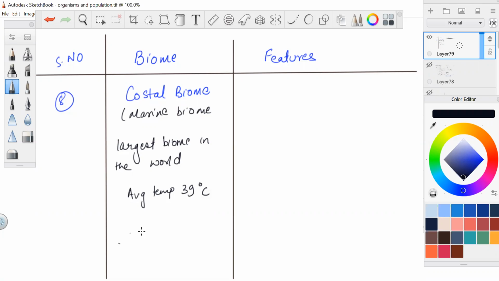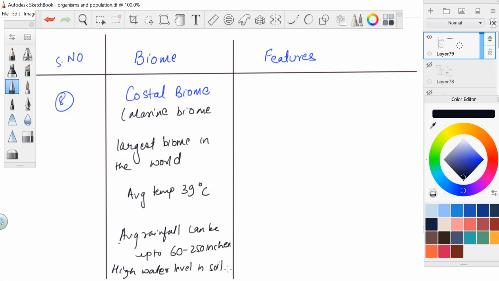Average rainfall can be up to 60 to 250 inches. They have high water level in soil and high salinity.